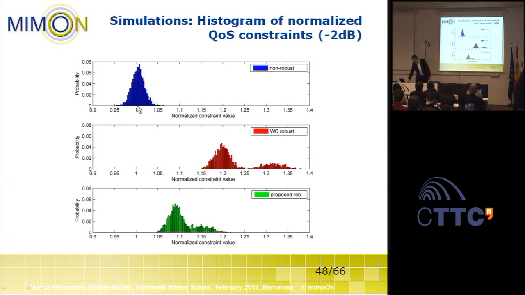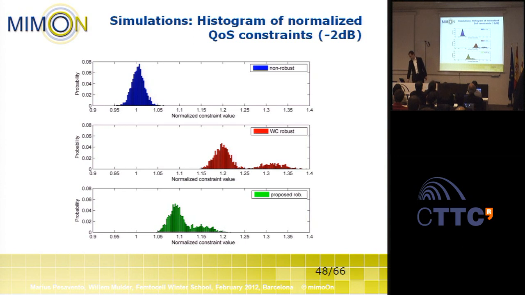So a value of 1 in this context means that the constraint of the run is exactly satisfied. A value larger than 1 means that the constraint is over-satisfied. A value below 1 means that the constraint is violated.